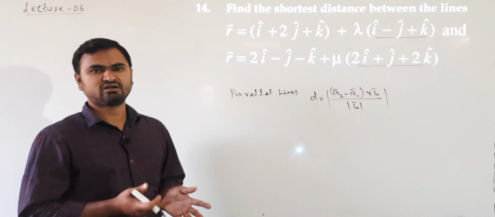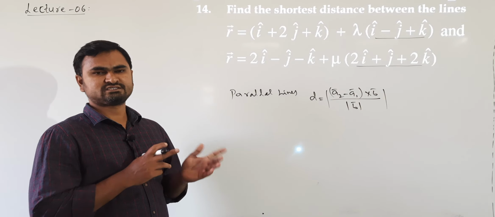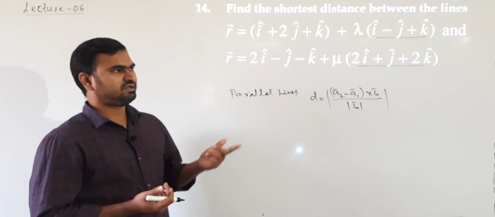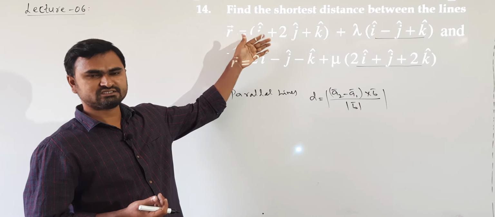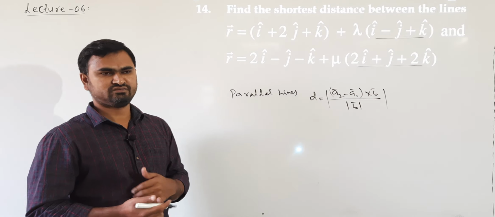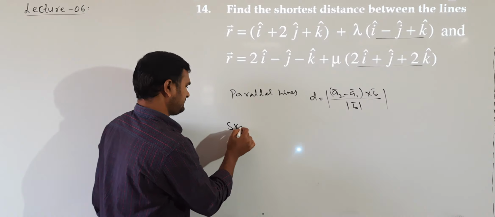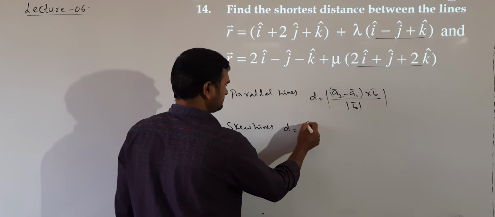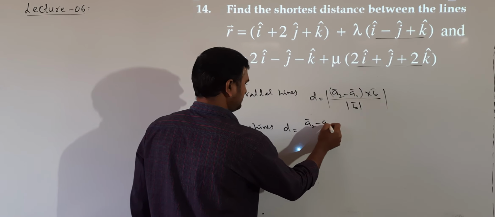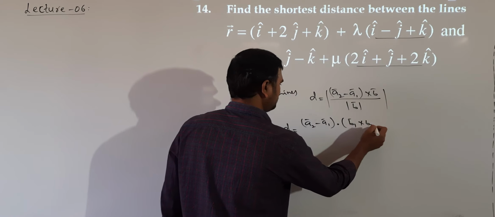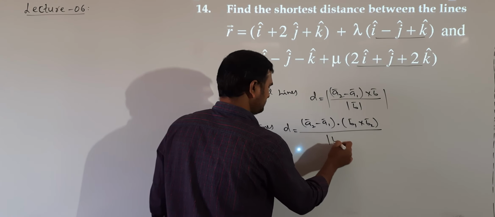If they are not parallel, maybe they are skew lines or intersecting lines. In any case, directly we don't know whether they are skew lines or intersecting lines. So let us find the distance between skew lines using the formula. If they are skew lines, what is the distance formula? D equals a2 minus a1 dot b1 cross b2 divided by the magnitude of b1 cross b2.